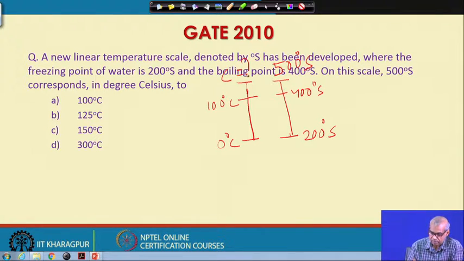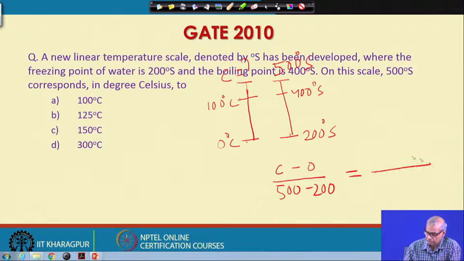So, you can write (C minus 0) by (500 minus 200) is equal to (100 minus 0) by (400 minus 200).